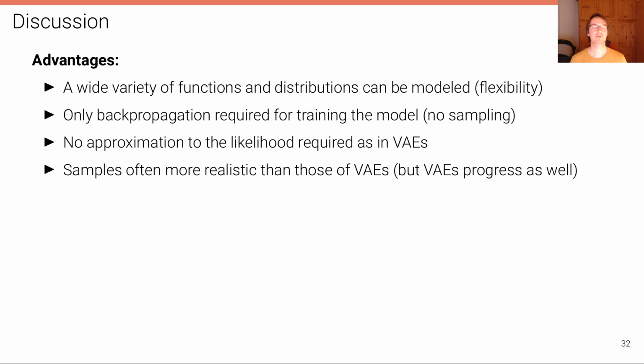And they require only backpropagation for training the model, so there's no sampling required. And there's also no approximation to the likelihood required as in VAEs. Also, the samples that are produced by GANs, as we'll see in the second unit, are often quite a bit more realistic than those of VAEs. But there is recent progress on VAEs in terms of quality as well.